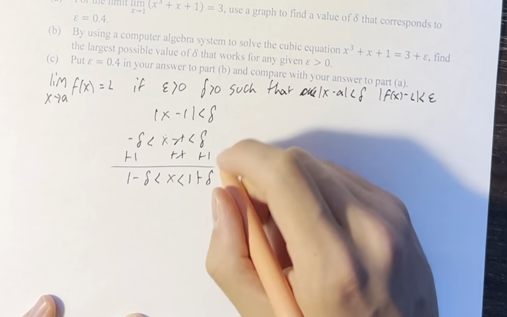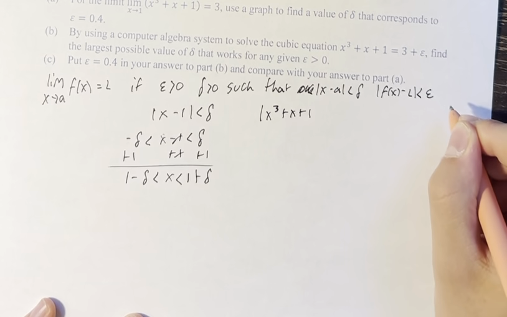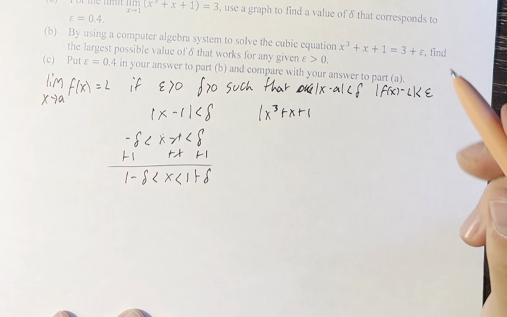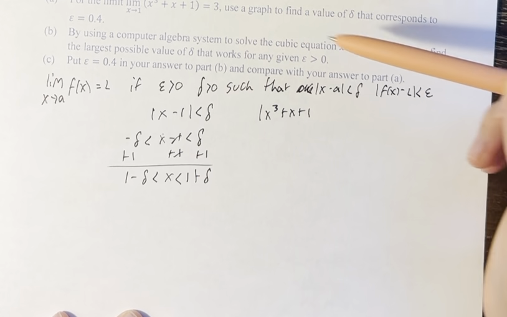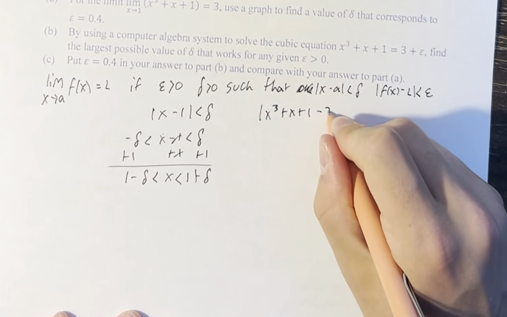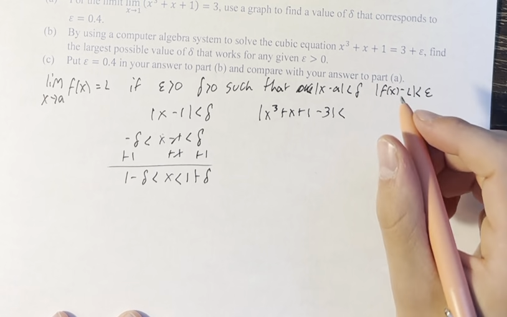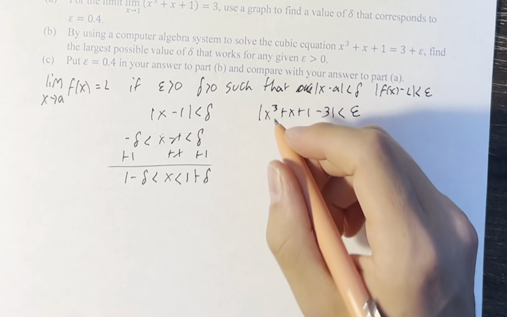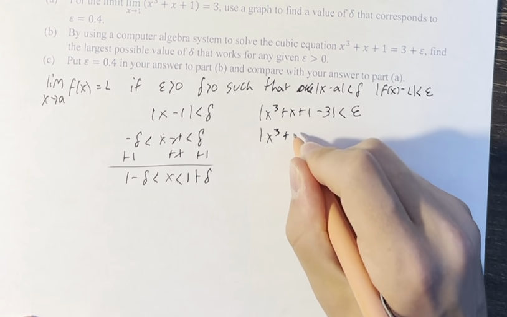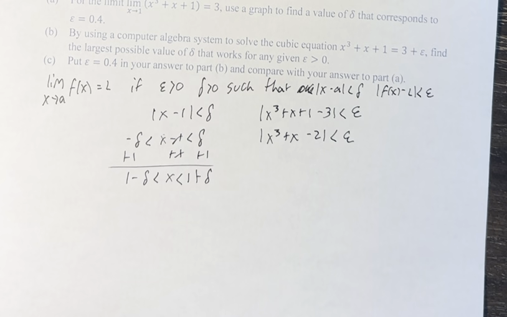If this is true, then f of x, which is x cubed plus x plus 1, minus L, which is 3, the value of the limit, is less than epsilon. So we say x cubed plus x minus 2 is less than epsilon.